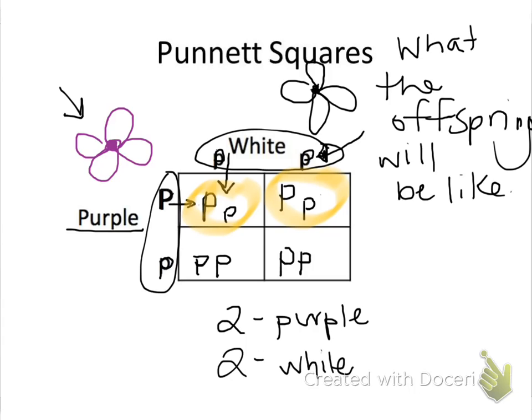This dominant gene, this one and this one, automatically that's going to be purple. Then if we look down below, we see one here, and they're both recessive genes. They're both lowercase letters, which means they're going to be white. This means that there's a 50-50 chance. Half the offspring are going to be purple and half are going to be white.